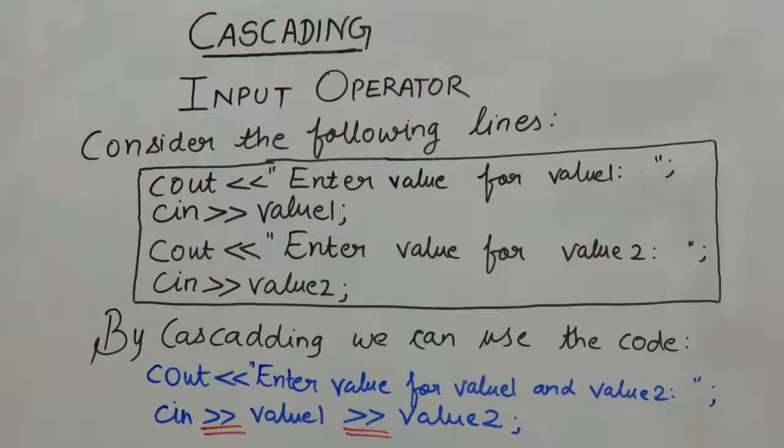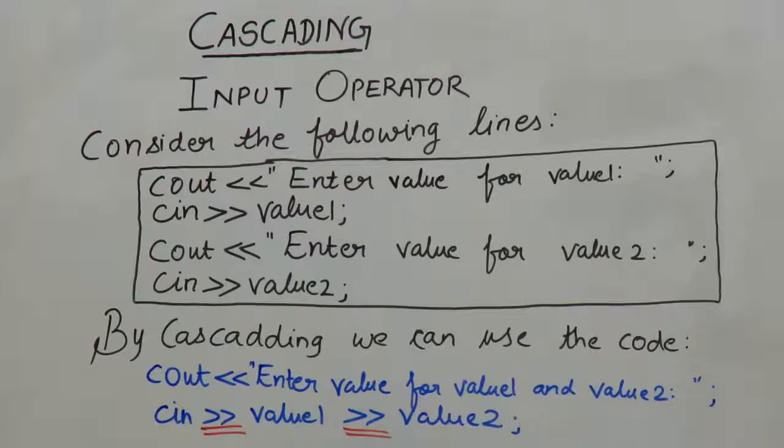We can reduce the code length of these 4 lines by 50% if we use input operator cascading. Suppose I write cout "enter value 1 and value 2". In a single statement, I have asked for the values of both objects, value 1 and value 2. So 2 cout statements are reduced to 1, but there is no cascading here.